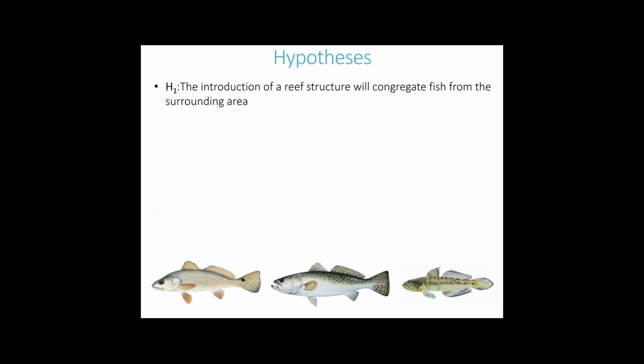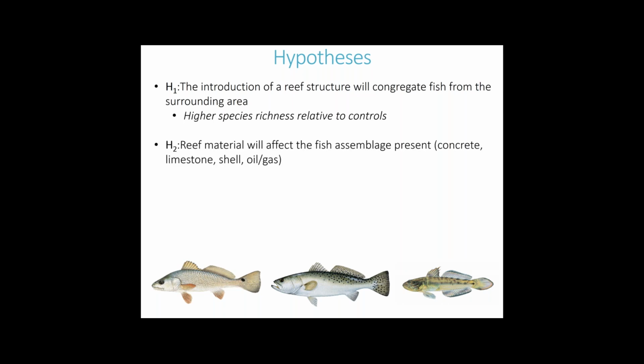First, with the introduction of reef structures that congregate fish from the surrounding area, in particular, do reefs harbor higher fish species richness relative to open water paired control habitats? The second hypothesis focuses on reef material.